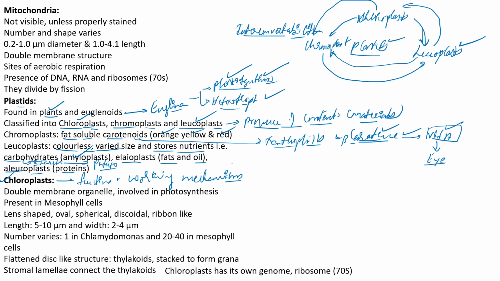Based on the working mechanism, we say that the chloroplast and mitochondria are quite similar, and even the origin of the chloroplast is very much similar to that of the mitochondria. Why? We will be discussing that quite shortly.